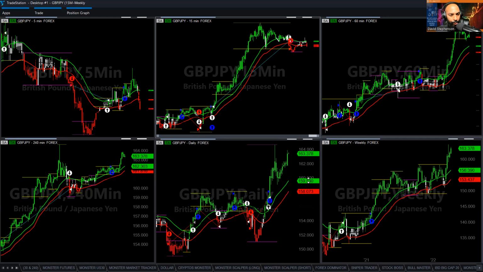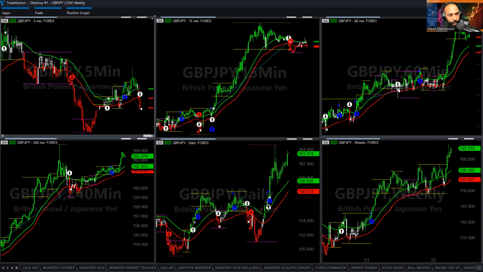Okay. So you know what the overall trend is. That's when you look to scalp, right? You don't just randomly get in and start scalping. You want to scalp in the overall direction, right? And he likes to short, so he'll find one where the overall direction is to the downside. Okay, like right here, it just gave a sell signal to get out. You guys just saw that right here, right? Yep.